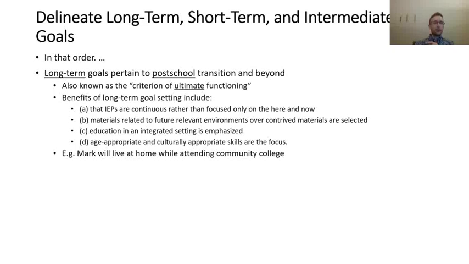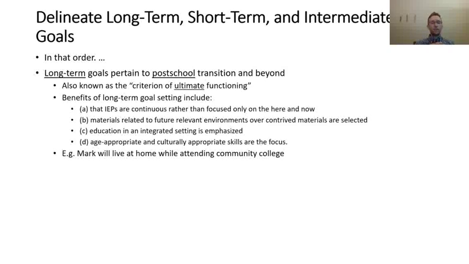Now, some benefits of long-term goal setting include A, that IEPs are continuous rather than focused only on the here and now when you write long-term goals pertaining to post-school transition and beyond. B, materials related to future relevant environments over contrived materials are selected.